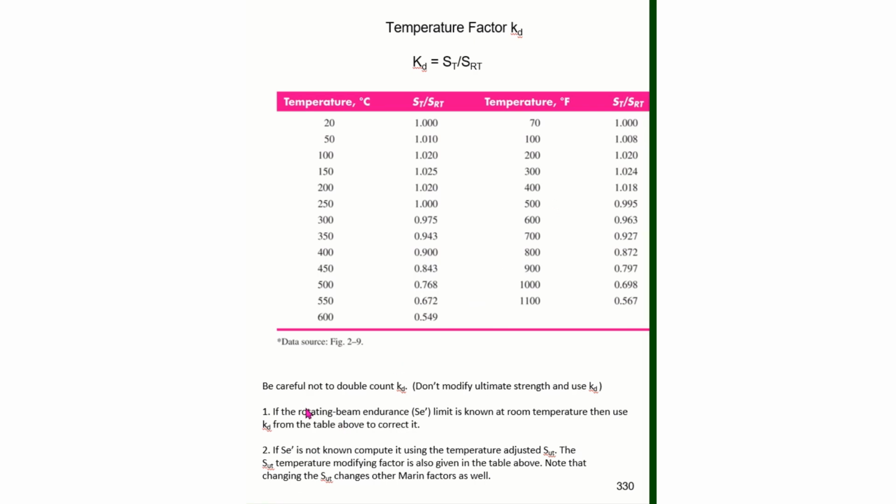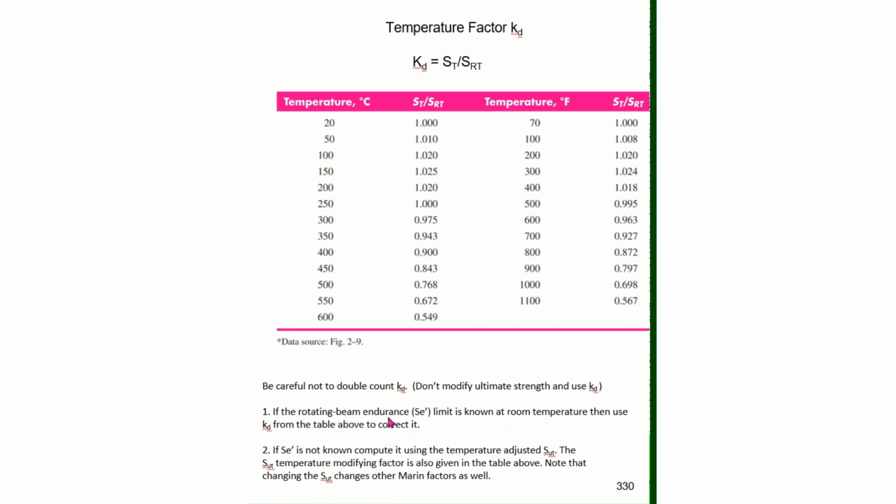You need to be careful not to double count Kd, so don't modify the ultimate strength for temperature and also use a Kd value, because that would be double counting for Kd and temperature effects.